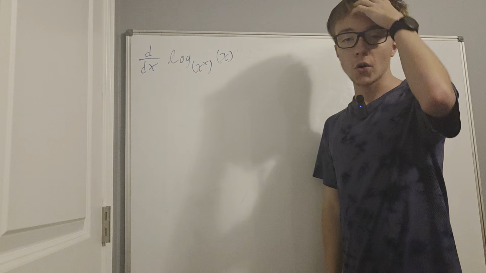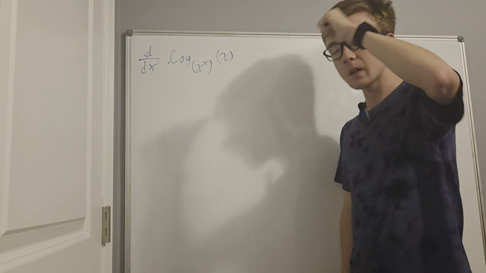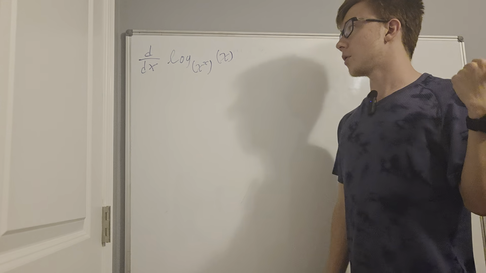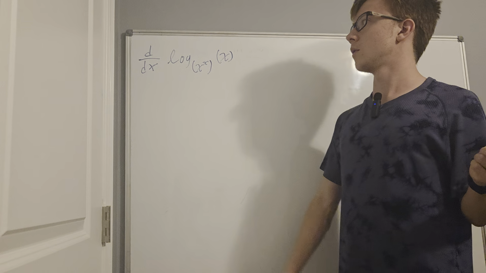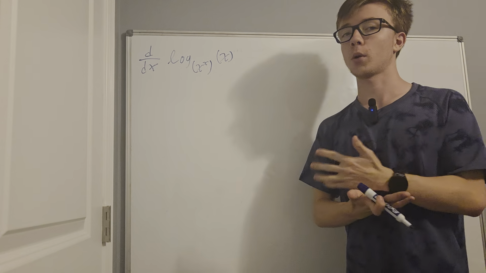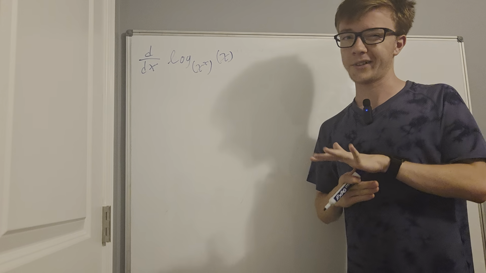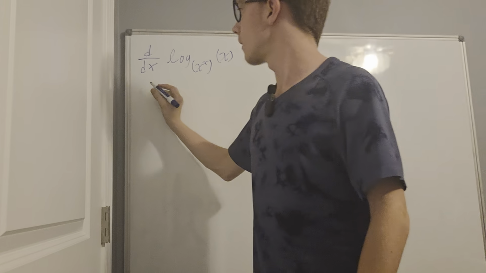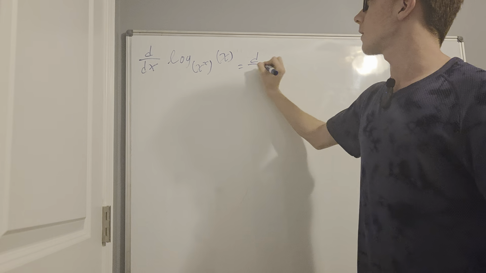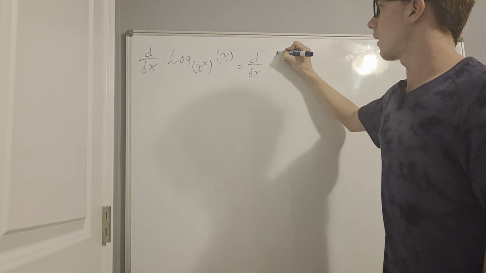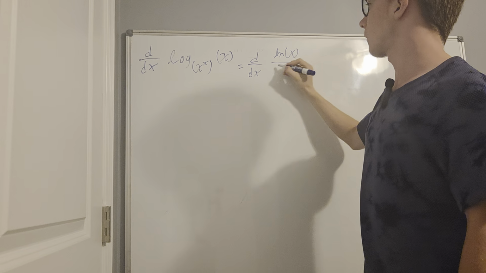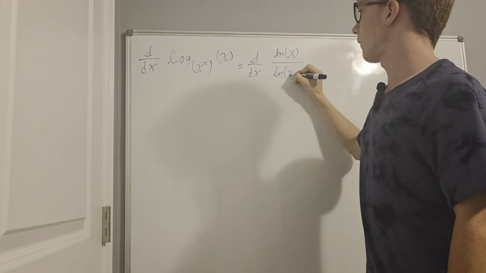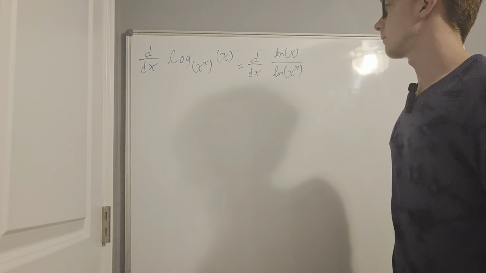Okay. So how might you do this? Now, you can't use the normal log rule, I don't think so. But I'm just going to rewrite this, saying we're now looking for the derivative with respect to x of ln of x over ln of x to the x.